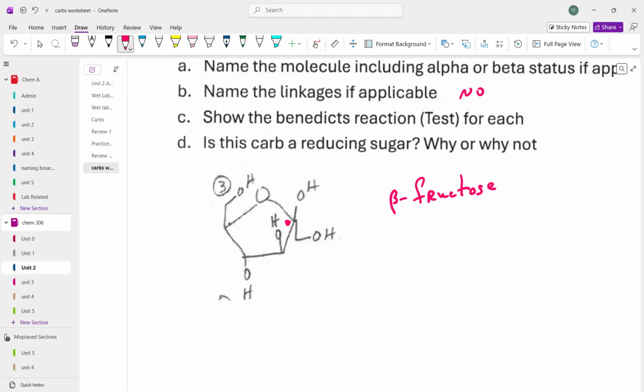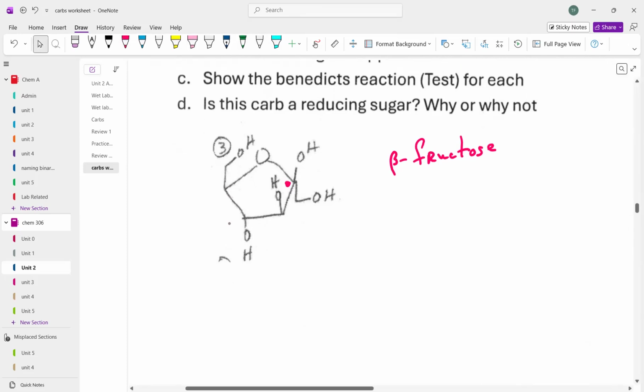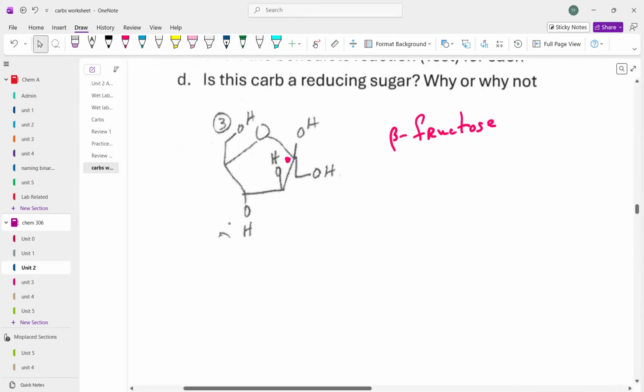Benedict's reaction. Now, fructose is one of the exceptions because it's a ketose. So when it opens up, it's going to turn into a ketone.